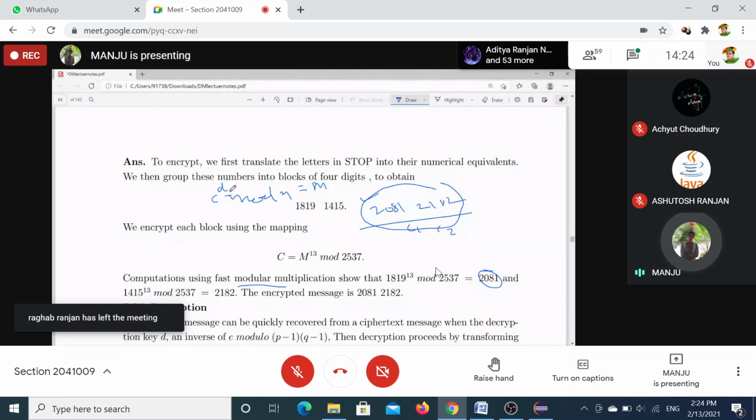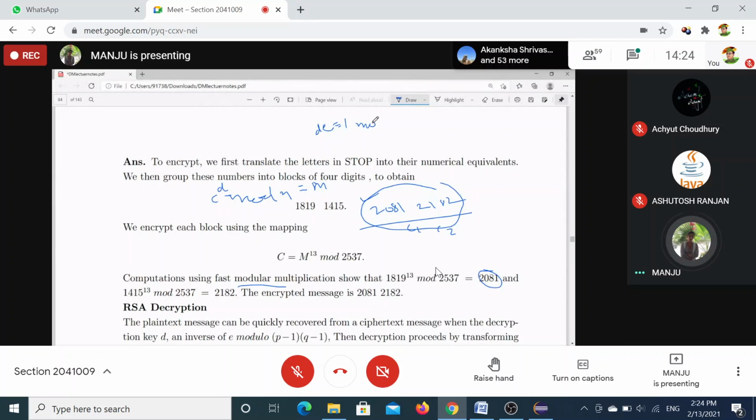D is the inverse of E modulo (P minus 1) into (Q minus 1). Understood? So first find D, the inverse of E under this modulus. P and Q are given, so you can get the product.